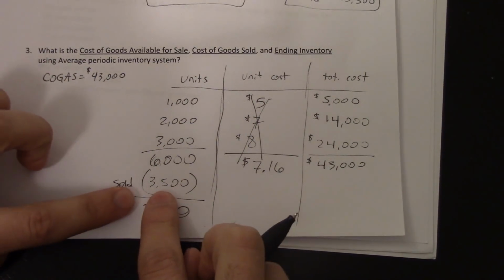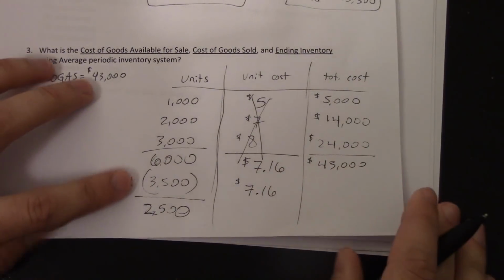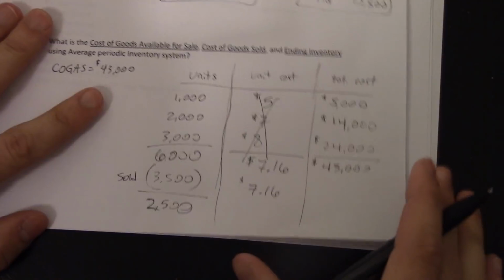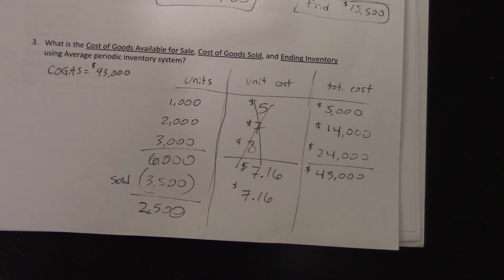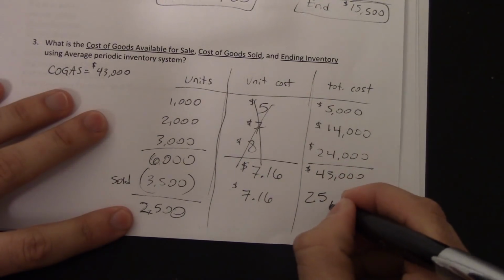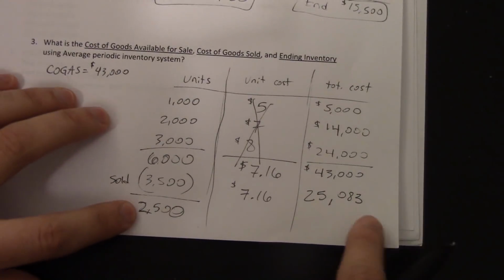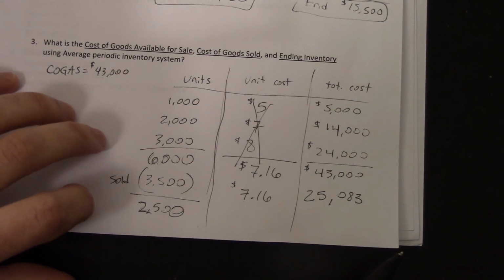We're selling these 3,500 units at $7.16 each for the cost, not for the sales price, but the cost. So let's multiply that through. And that gives us 25,083.